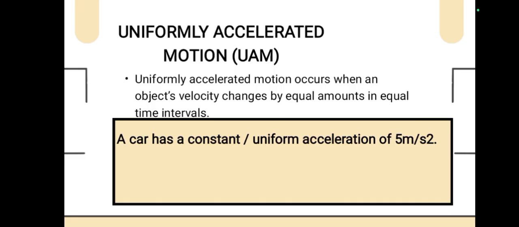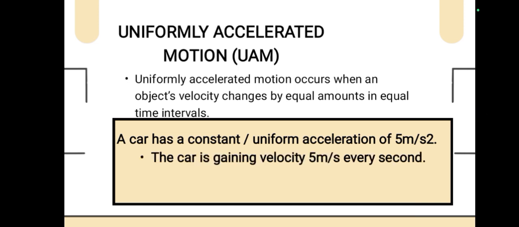Let us say, for instance, a car has a constant or uniform acceleration of 5 meters per second squared. By the way, forgive me if I am not able to display the correct symbol for s squared there. So it is assumed that it is 5 meters per second squared. Now, what does it mean?